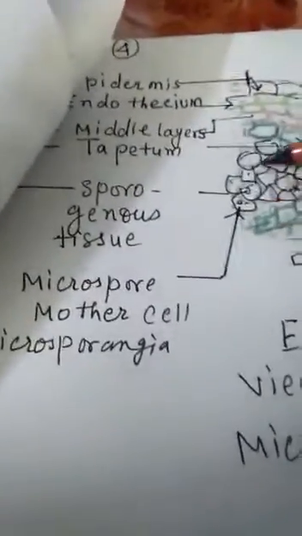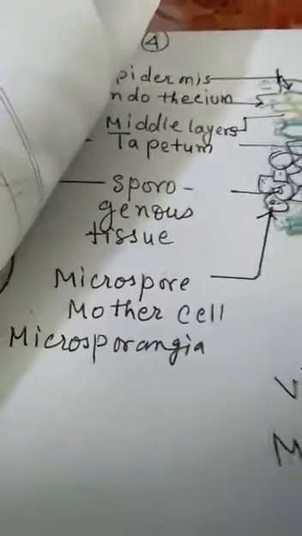Inside each microsporangium, there is a tissue known as sporogenous tissue, which contains microspore mother cells. Each microspore mother cell divides meiotically to give rise to a spore tetrad, which separates to form 4 pollen grains.